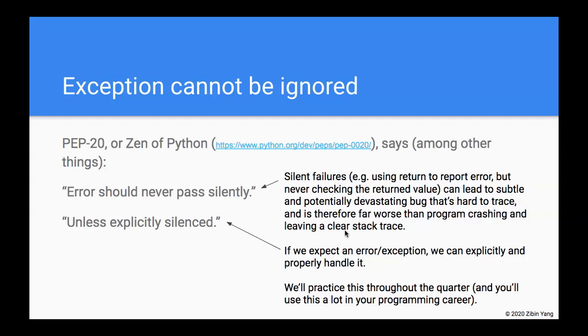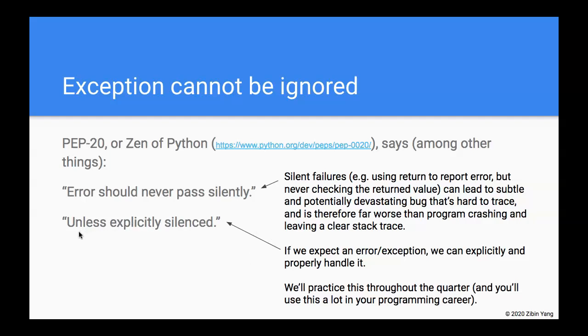And as we saw, when something fails with an exception, we at least have a stack trace, so we know what the program is doing at the moment that it crashes. That is a good thing for debugging.